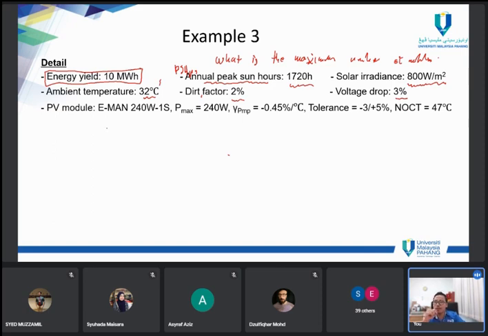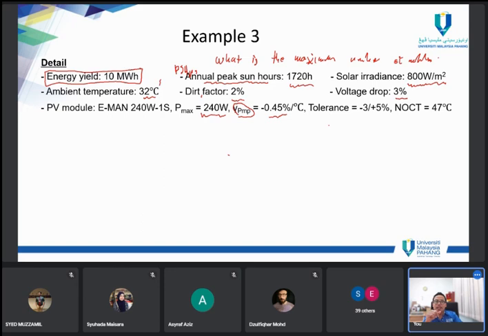Okay. Then the PV module, as usual, you have a very good contract with the brand Iman. So we need to stick with this module only. Cannot move on. And then you are given the temperature coefficient of PMP, typical I think for monocrystalline, minus 0.45% per degree C for the brand Iman.